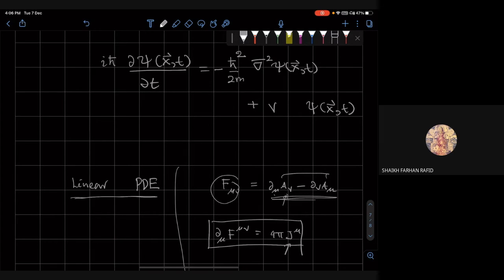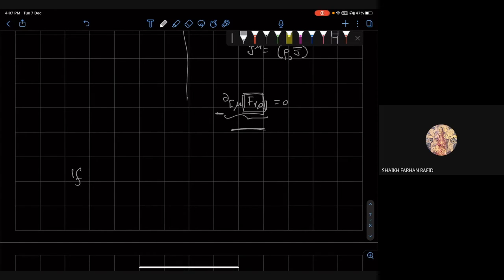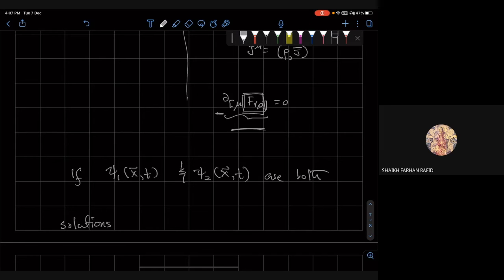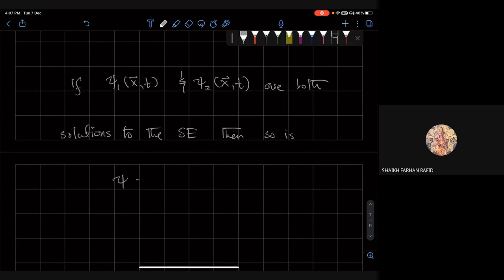So they're linear PDEs, right? Because they're linear, that means that if, say, psi 1 of x and t and psi 2 of x and t are both solutions to the Schrodinger equation, then so is their linear combination C1 psi 1 plus C2 psi 2, where C1 and C2 are constants, okay?